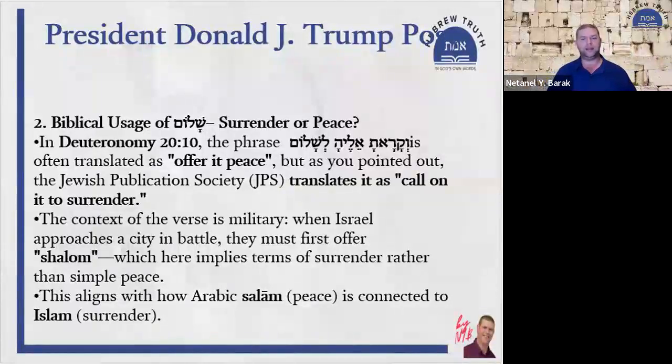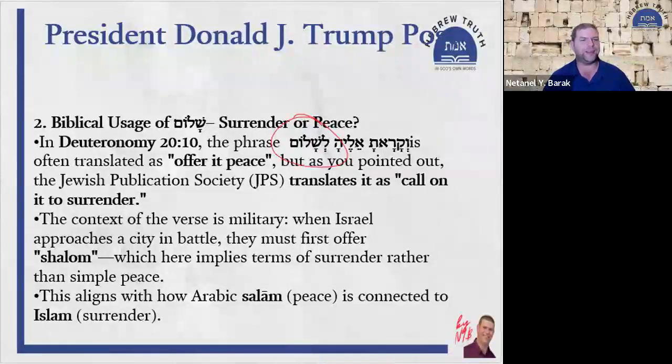And the Torah says, Ki tikra el ir lehilachem alea vekarata elea leshalom. When you approach a city to fight against it, you should call upon it for peace. You are more than welcome to open your Bibles, whichever English Bible you have.